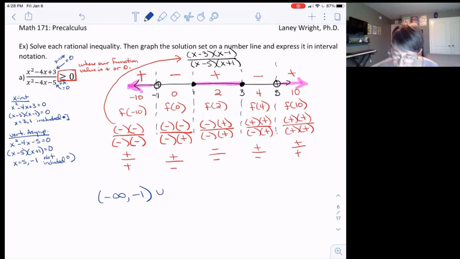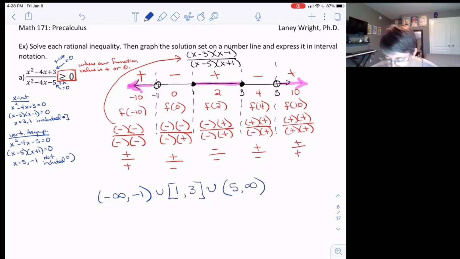Union. The next positive or 0 starts at 1, so we use bracket 1 all the way out to 3, bracket again, union. And then the next positive interval starts right after 5, so we're going to use parenthesis 5, since 5 is not included, out to infinity.